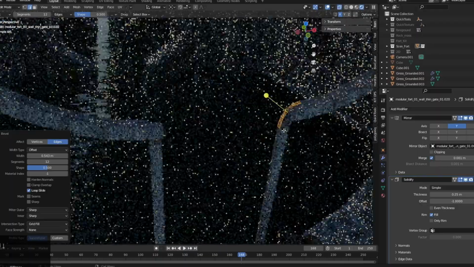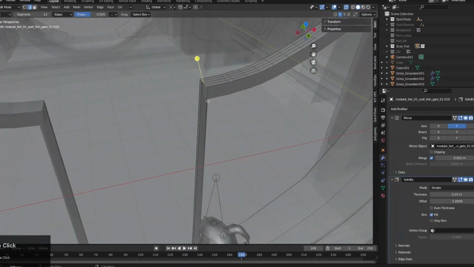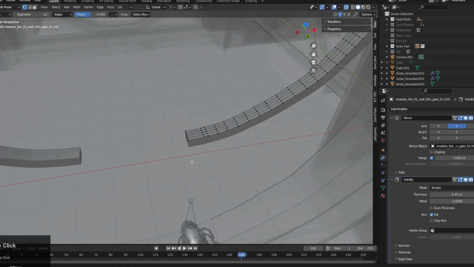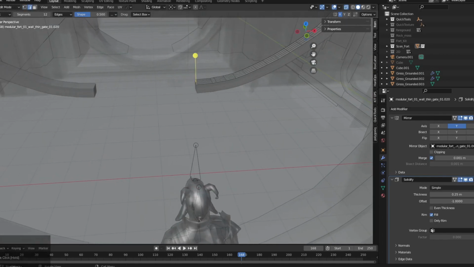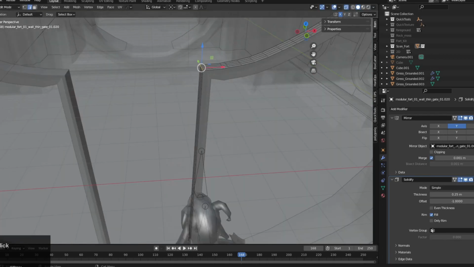I don't feel it makes sense for stone to have this kind of thickness. So when I spent some time developing this idea, I felt like this also looks kind of like art deco style.